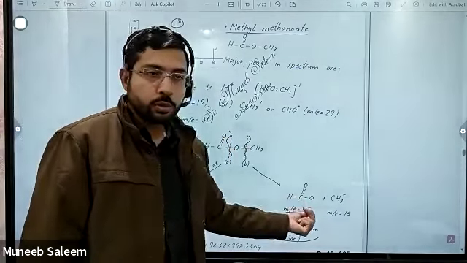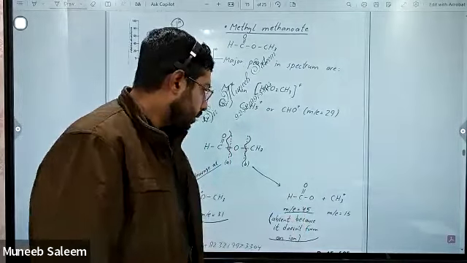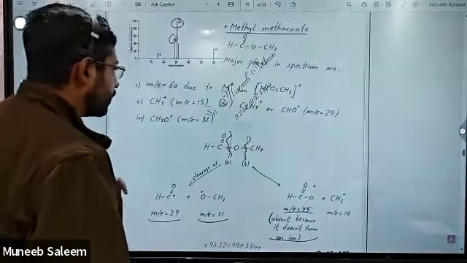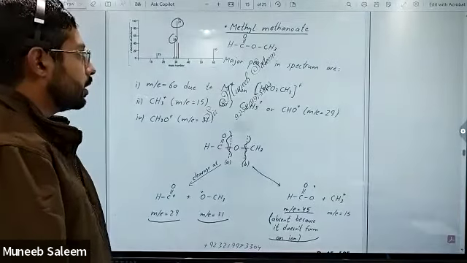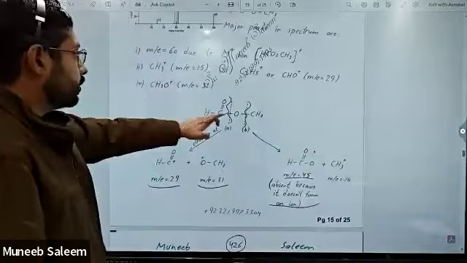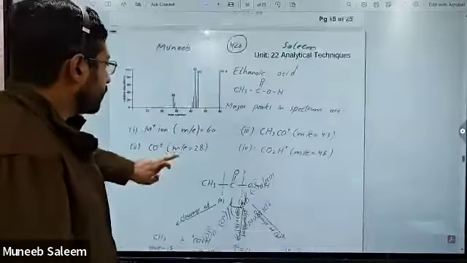It could also be that it is basically a radical, not a cation. It would not have the ability to make an ion. That's why it is not shown here in the mass spectrum.